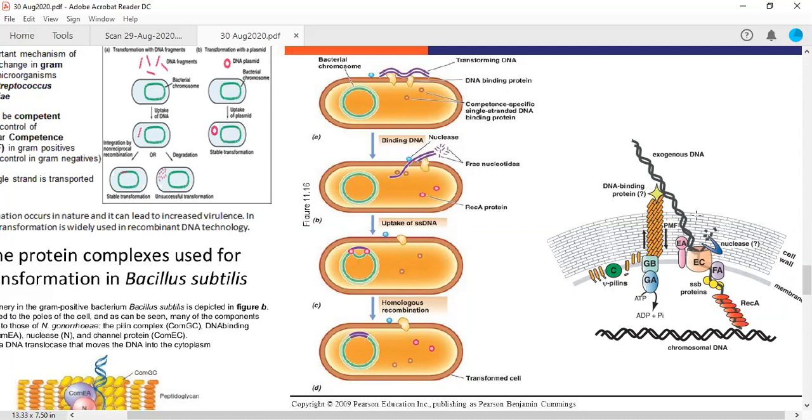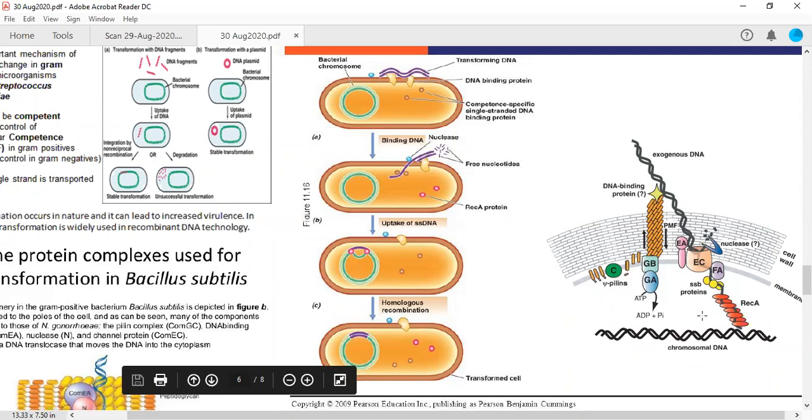First of all, there is a channel-like protein called EC, and one protein which is holding this double-stranded DNA called EA. There are some nucleases which are degrading one strand of DNA, and they allow only one strand to pass through this channel to the plasma membrane, and this strand will be delivered into the cytosol.